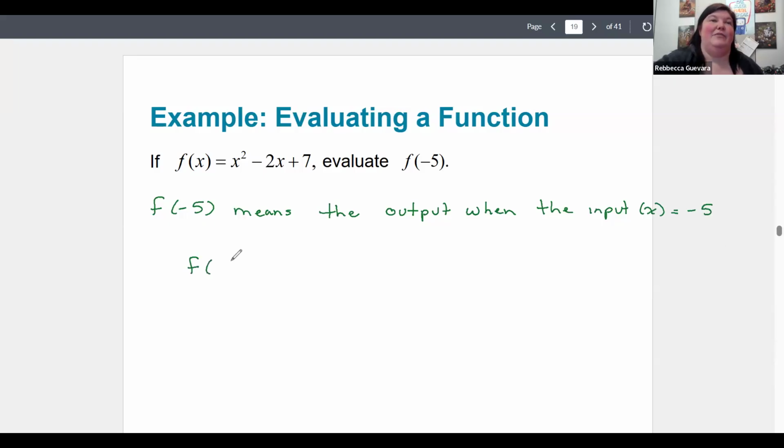So if I have f of x equals x squared minus 2x plus 7, you kind of think of that x like this empty space. But when I suddenly change and I say, I want to figure out what f of -5 is, well, now that x, that empty space, has been replaced with a -5.